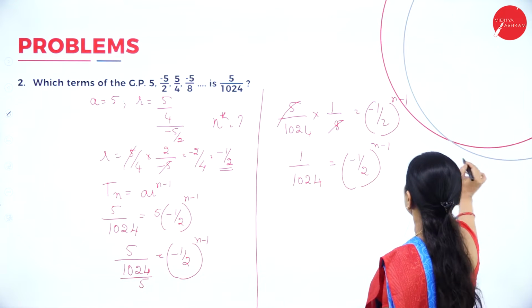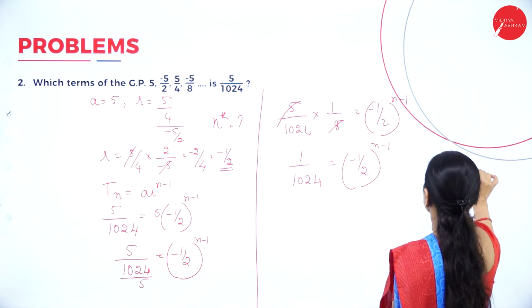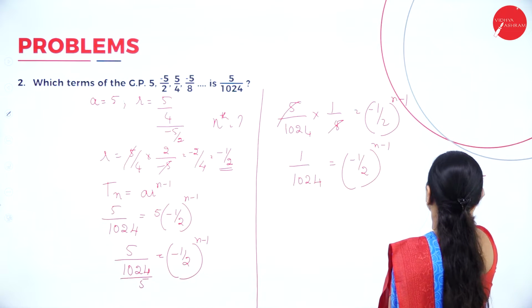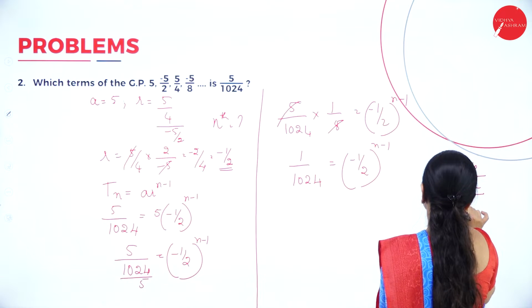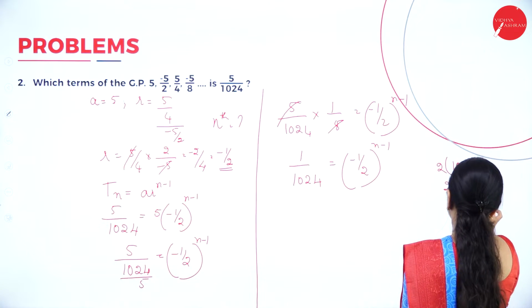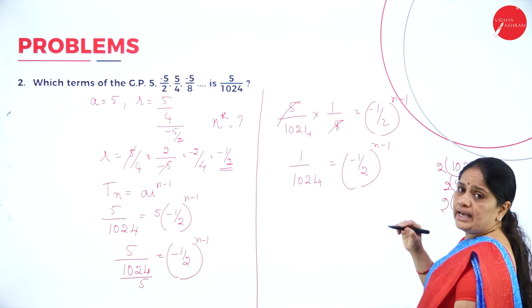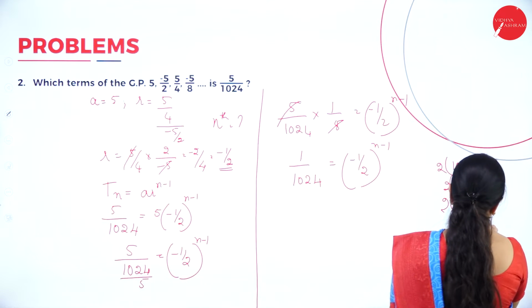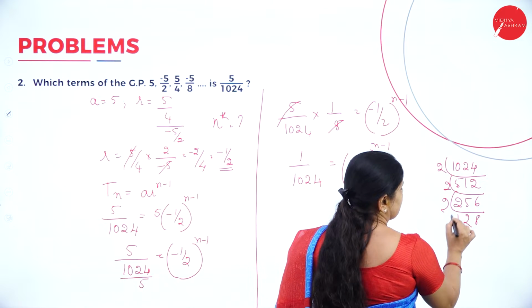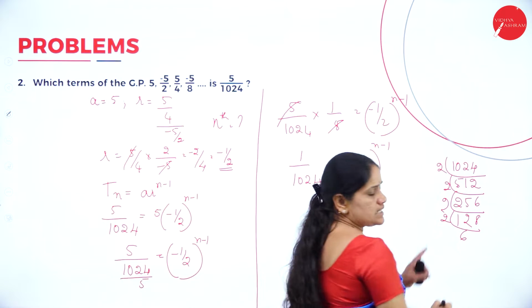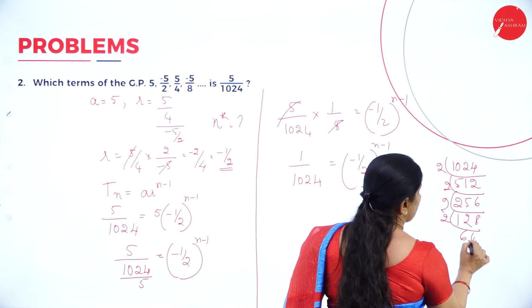Now, this 1024, I am simplifying this. 2 1s are 2, 2 2s are 4, 2 5s are 10, 2 6s are 12. Again, 2 2s are 4, then 2 8s are 16. Then again, 2 6s are 12, 2 4s are 8.